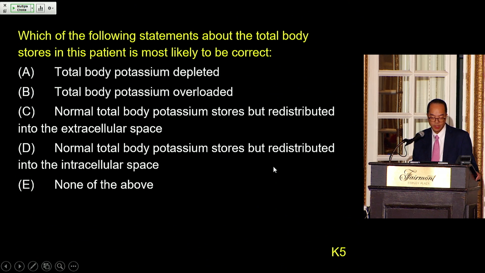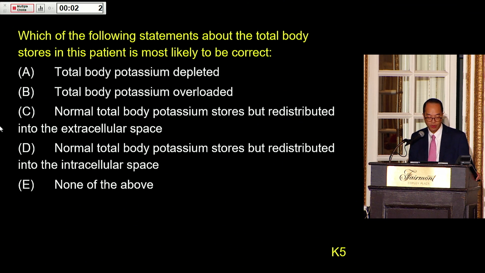Which of the following statements about the total body stores in this patient is most likely to be correct? Total body potassium depleted, total body potassium overloaded, normal total body potassium stores but redistributed into the extracellular space, normal total body potassium stores but redistributed into the intracellular space, or none of the above.